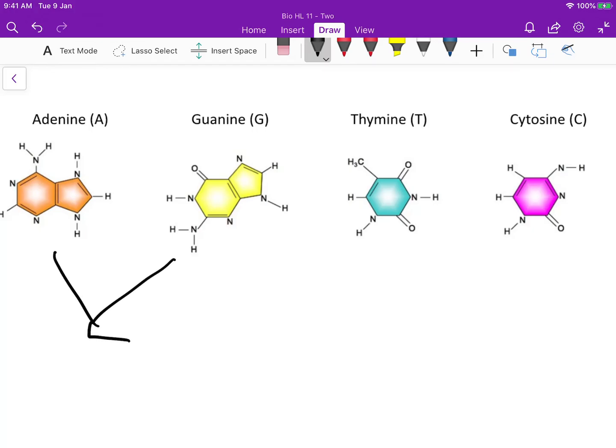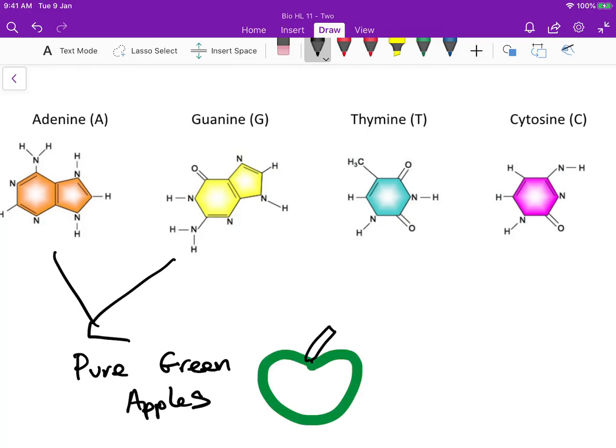These two, I remember it as pure green apples. Pure green apples, I don't know why, some student came up with it. And that reminds me that adenine and guanine, pure, for purines.